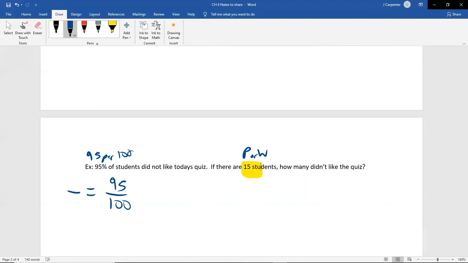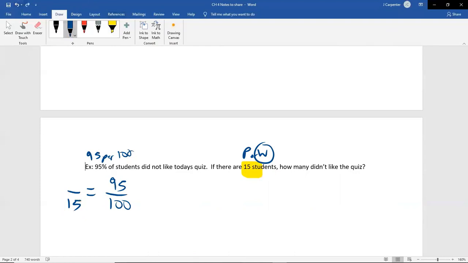It's possible 15 students don't like the quiz, but it couldn't be 16 because there's only 15 total, so it has to be the whole. So the 15 has to go in the bottom. Now, another way you could have figured this out is the word "of" says the next thing goes in the bottom. So "of students," that says the number of students goes in the bottom. Here's your number of students, so the 15 goes in the bottom. That's two different ways to set that up.